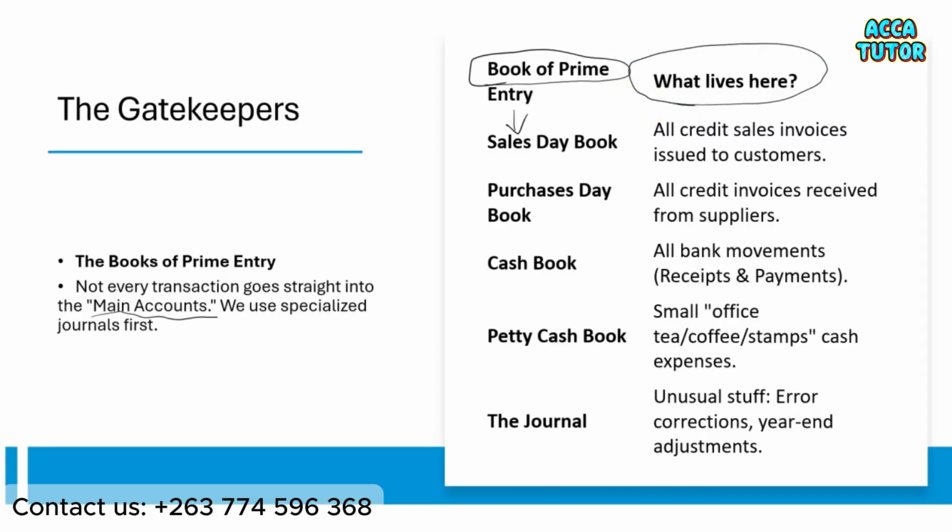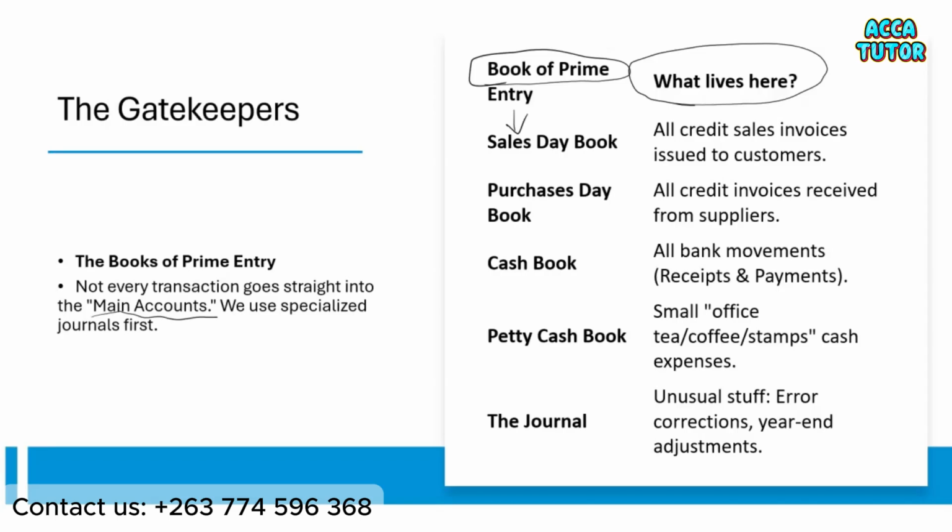Let's start with the sales day book. This one records all credit sales invoices issued to customers. So when we originate an invoice to a credit customer, those who buy on credit, we record it in the sales day book.